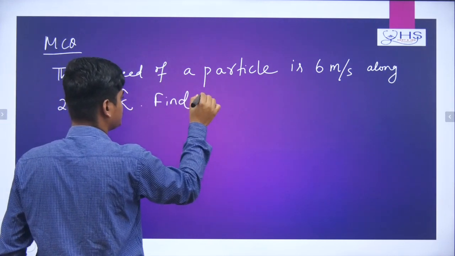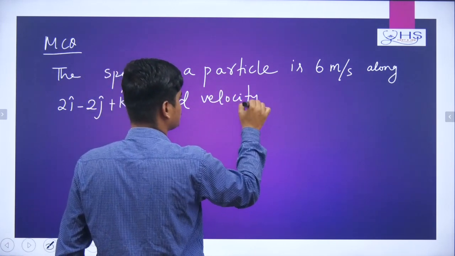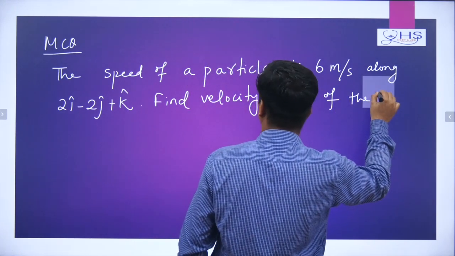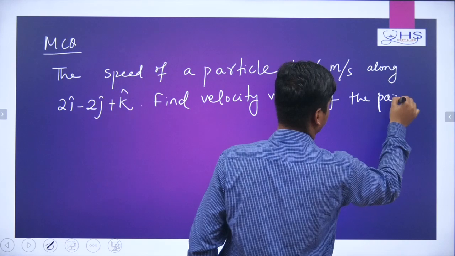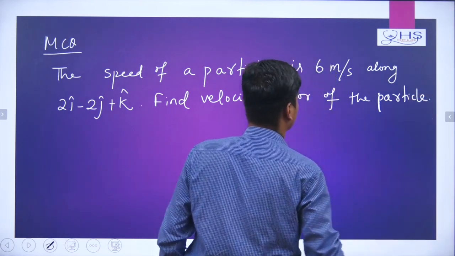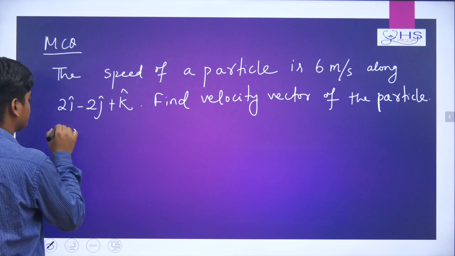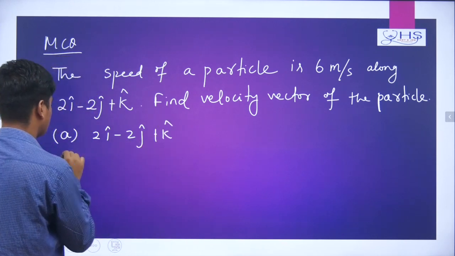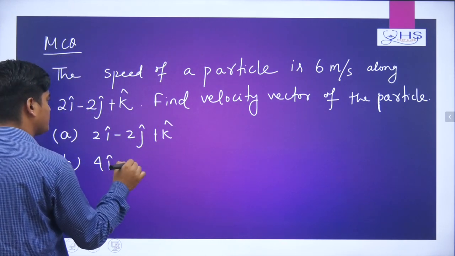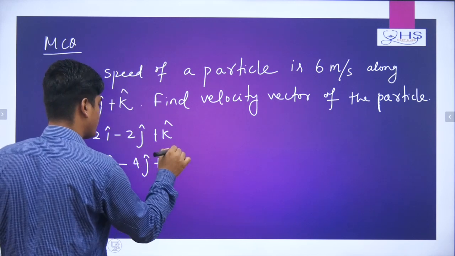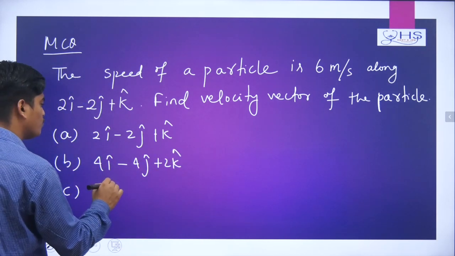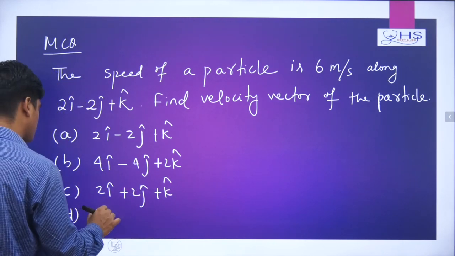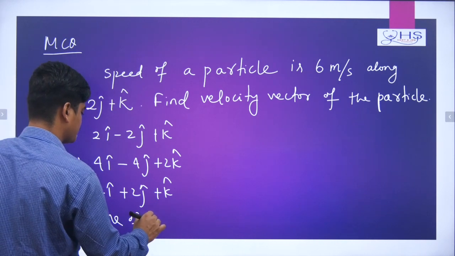Find the velocity vector of the particle. The options are given: Option A, 2i minus 2j plus k. Option B, 4i minus 4j plus 2k. Option C, 2i plus 2j plus k. Option D, none of these.